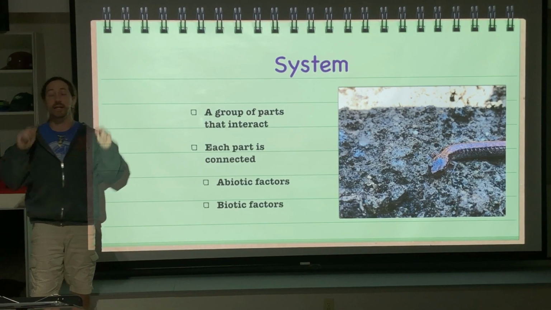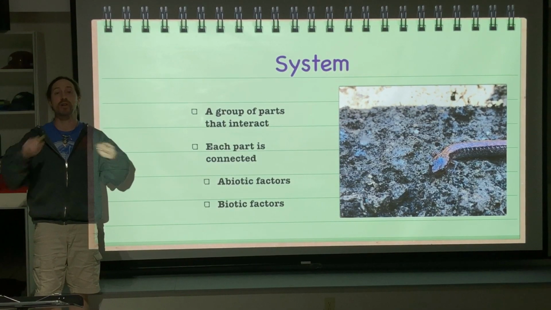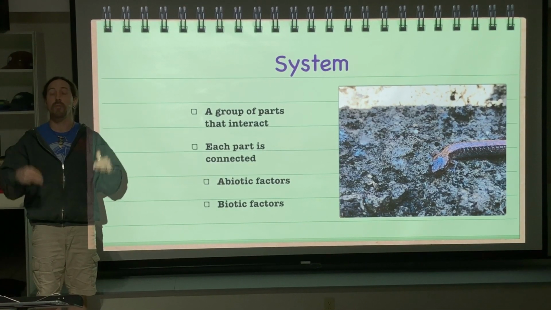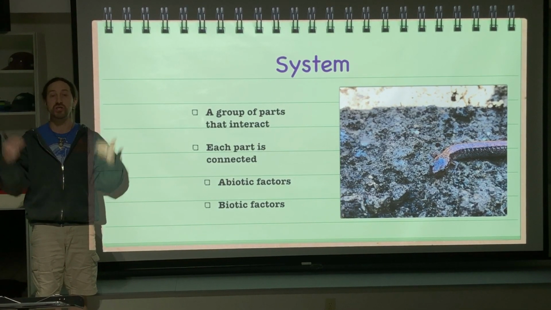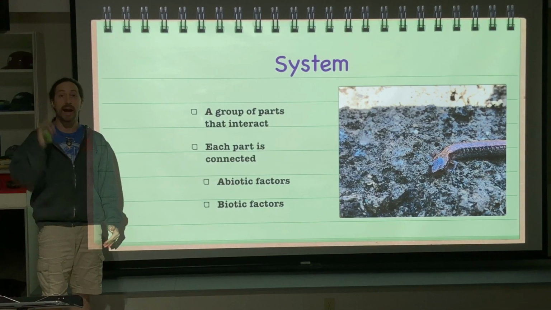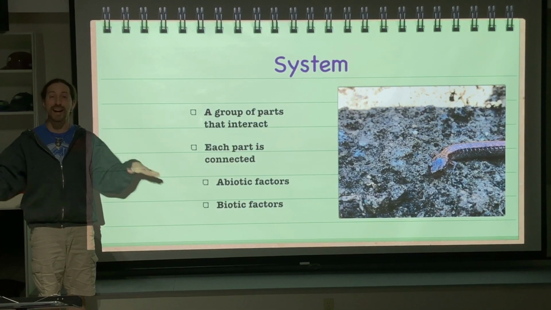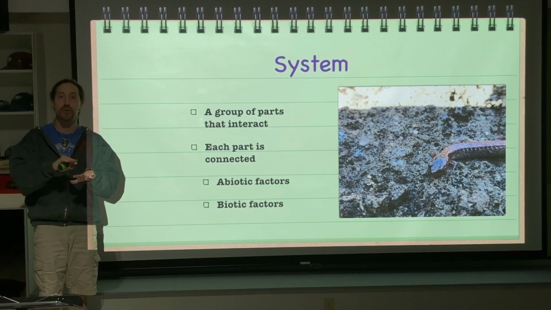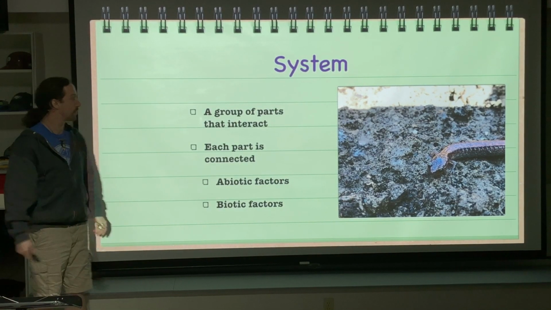So these different organisms have a completely different ecosystem, even though they both occupy the same biome. And even though their ranges overlap, that does mean that their specific ecosystems are going to be different.